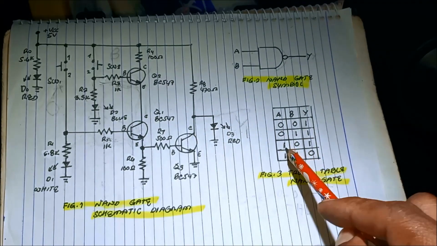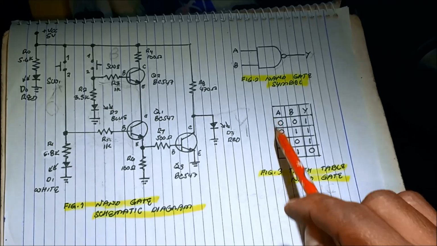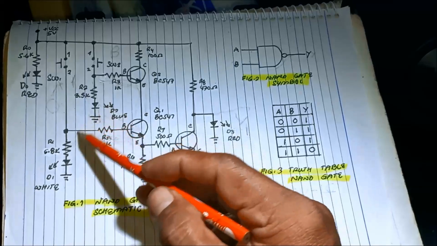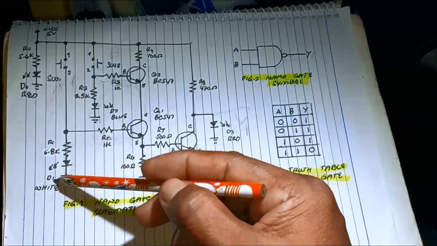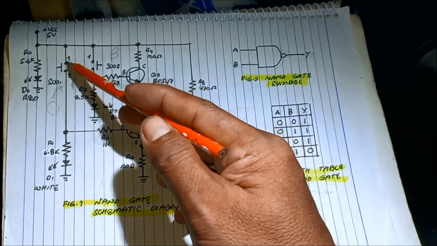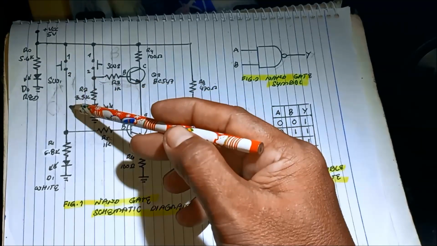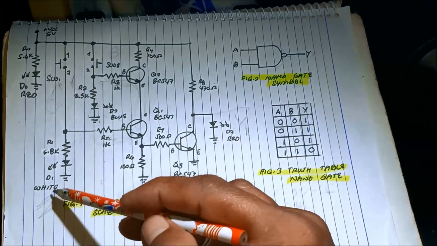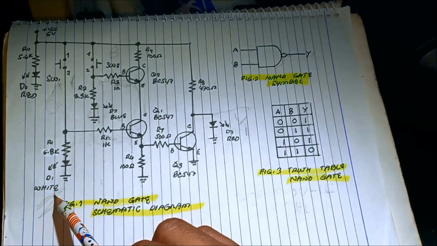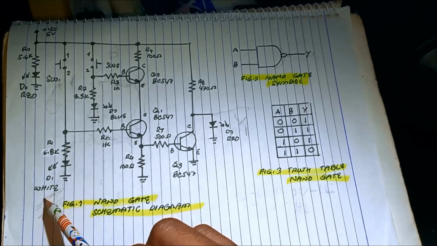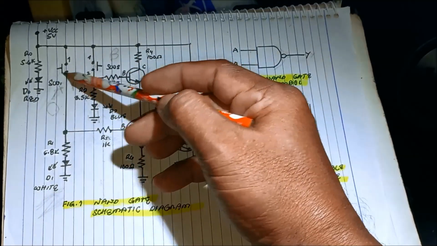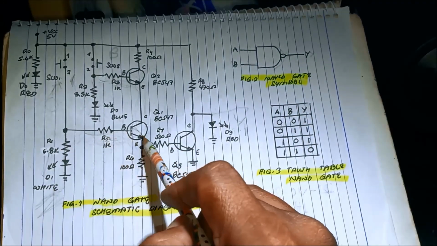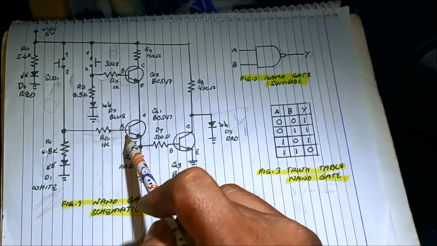While pressing switch 1 or A, this is now 1, high level. It means we are injecting a current, and switch 1 is on or closed. Current flows into the white LED, so it turns on. Do you think current will flow to this transistor and then to the ground?